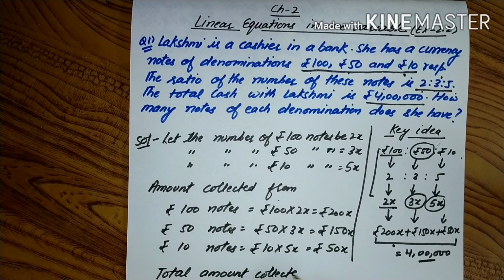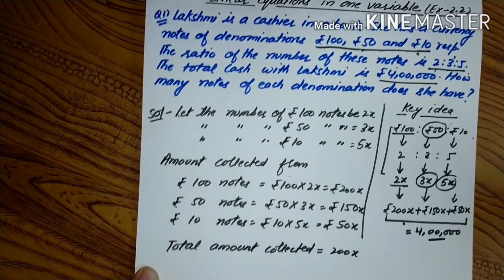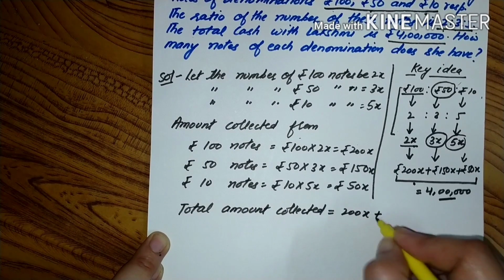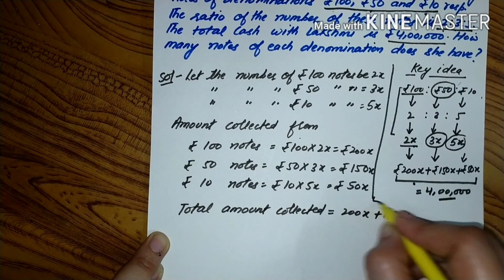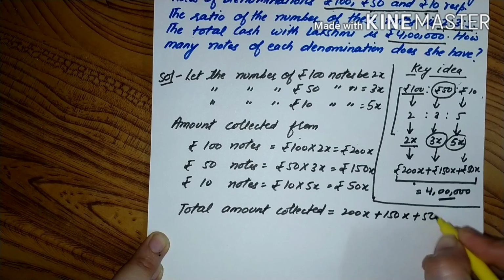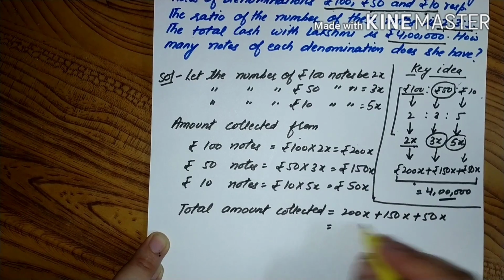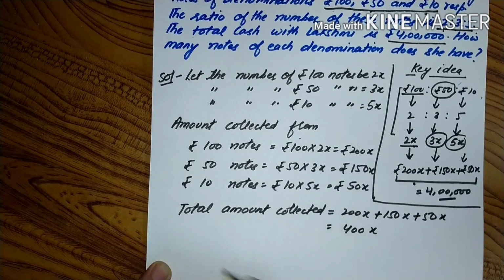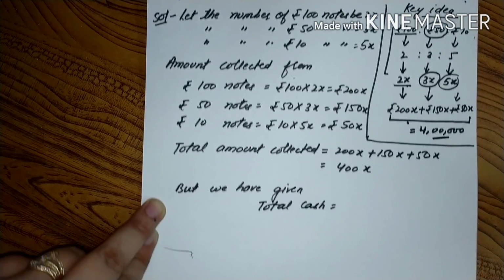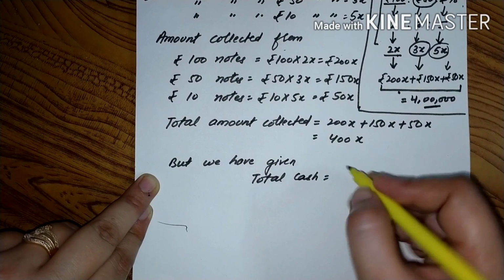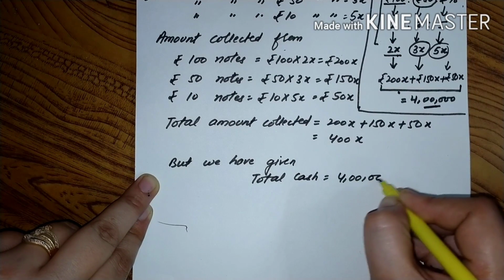Now total amount collected would be 200x plus 150x plus 50x. This would be equal to 400x, but the total cash given is 4 lakh.